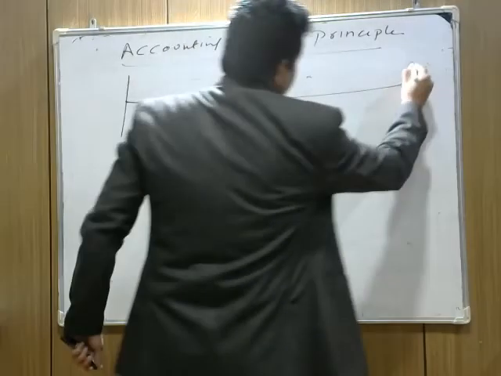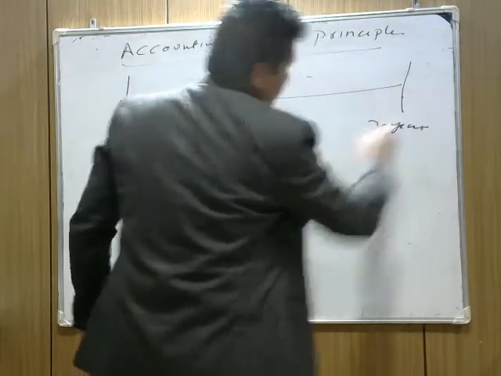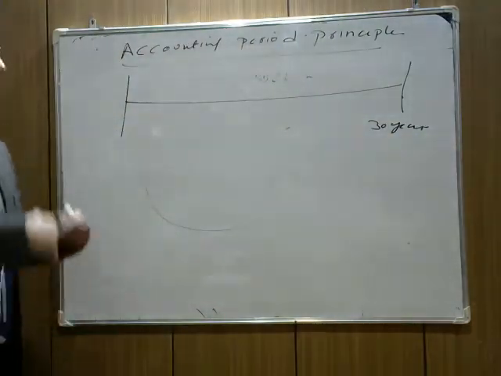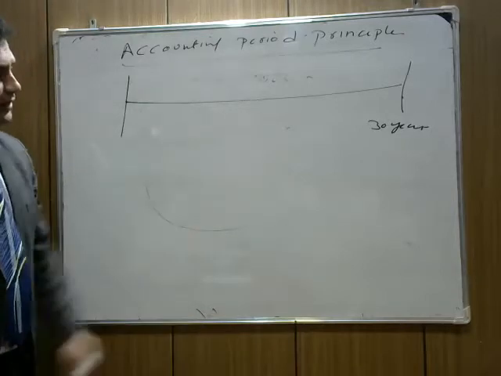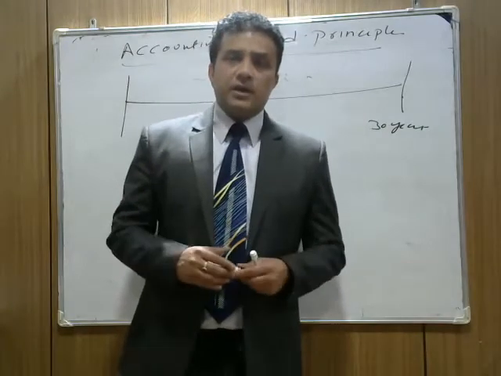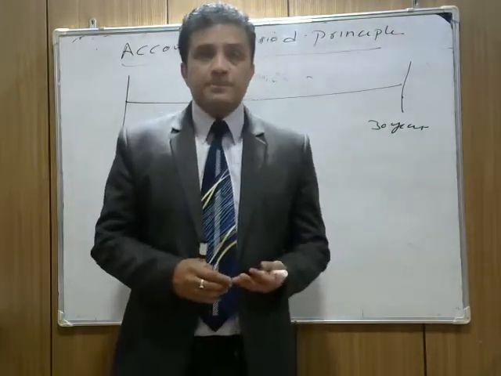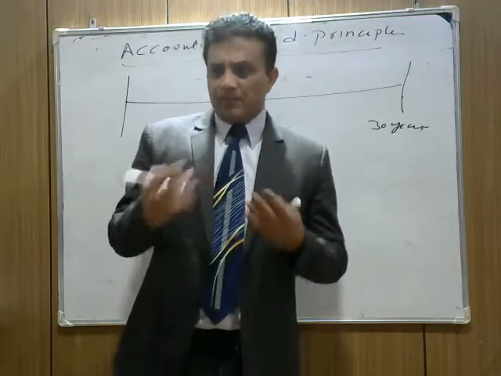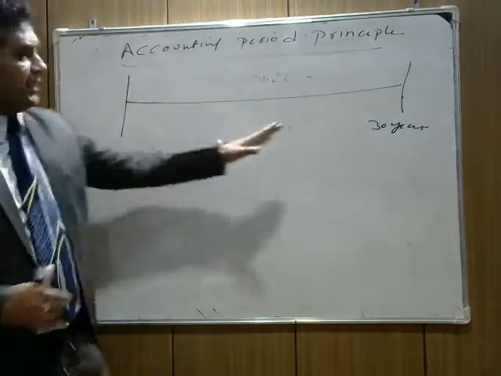But what is this accounting period principle? Now suppose a business is running for 30 years and after 30 years it shuts down, or maybe it is sold to some other person. Now after 30 years he wants to record how much I earned, how much my profit is, how much my goodwill is, whether I earned a sufficient amount of profit or not.